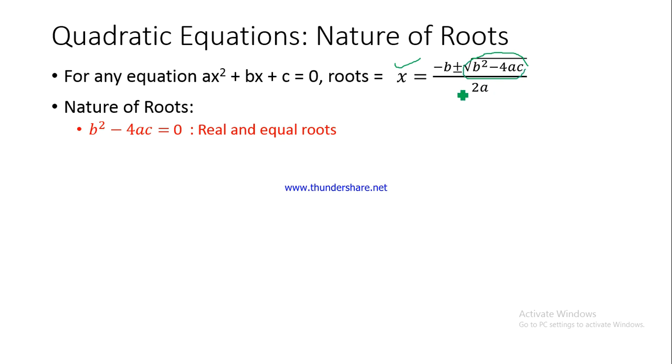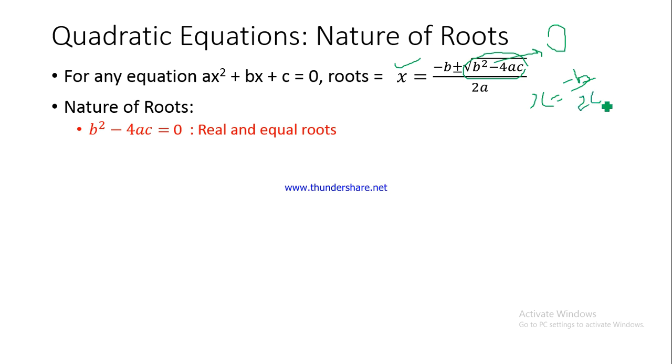In that case, for the value of the two roots, we would basically be getting just one value, because if this whole term becomes 0, then naturally the value of x will be equal to minus b divided by 2a.